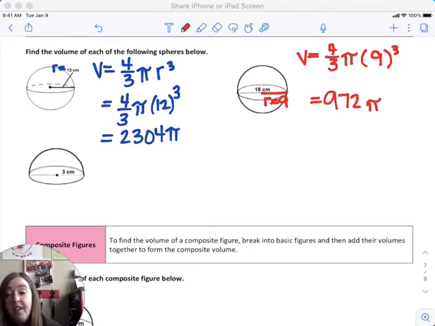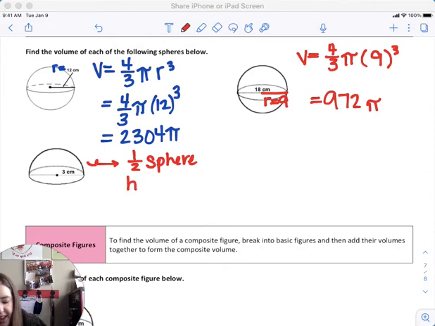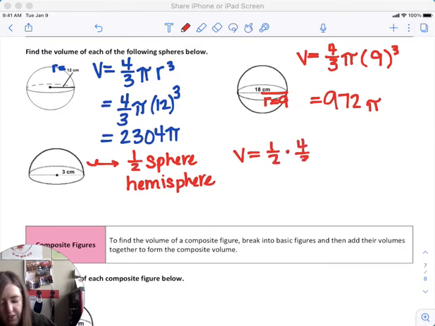All right, on this next one, that's half of a sphere. You don't need to know this, but that's called a hemisphere. So to find the volume of half of a sphere, we're just going to put 1/2 in front of that 4/3 pi times the radius squared.